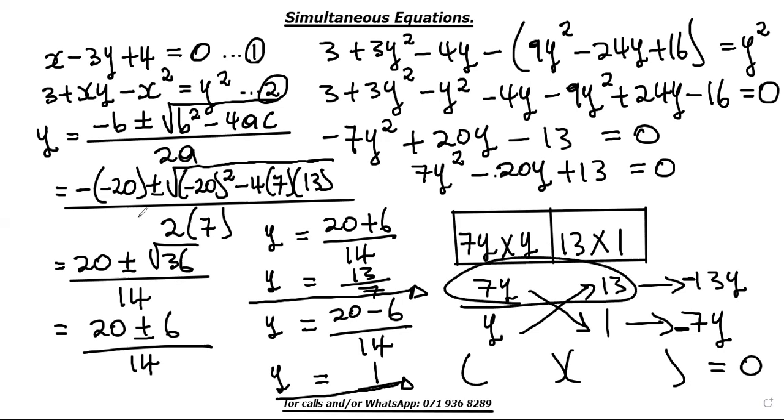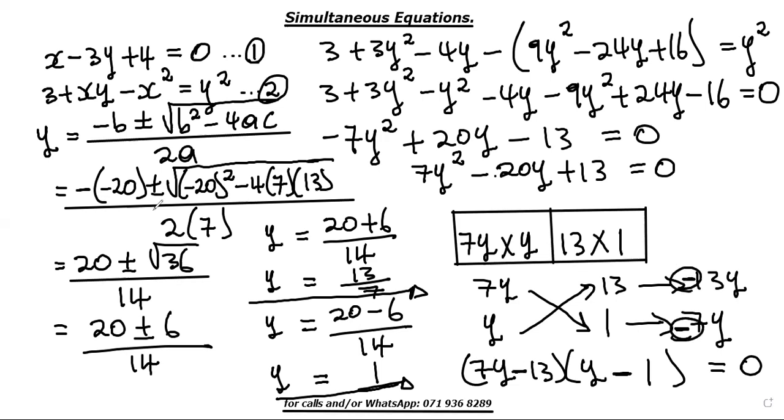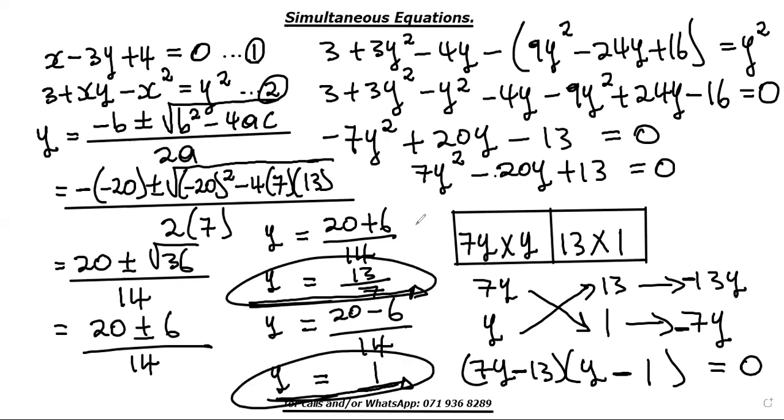This is your first factor. So you have 7y and 13. Your second factor is y and 1. And we said both of these factors are negative. This is where we get the signs of the factors. So once again, if we solve for y in both of these, we still get 1 and 13 over 7.